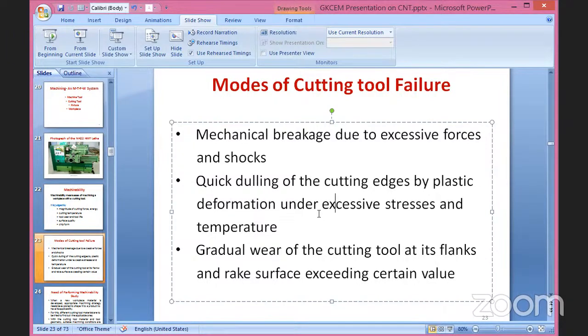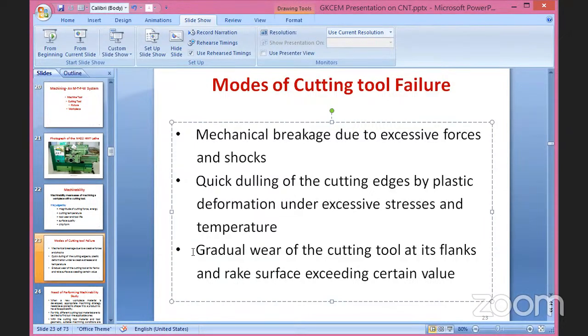Okay, that is a very big problem for this kind of material. Each material can have some slight loss of hardness at high temperature, but in the case of HSS or this kind of steels, the loss of hardness at higher temperature is quite high.